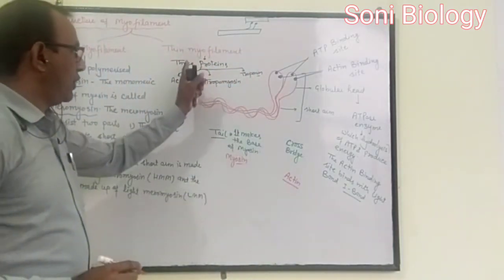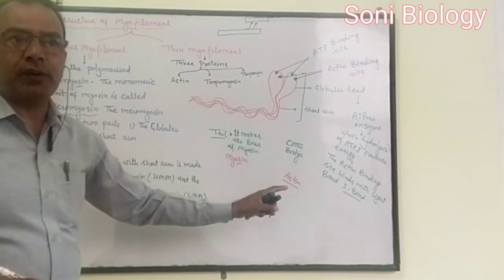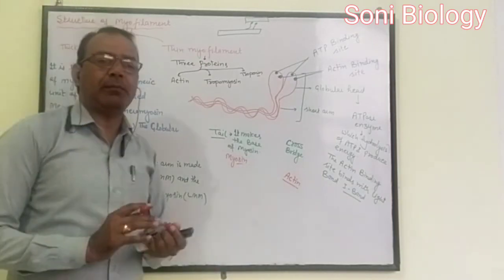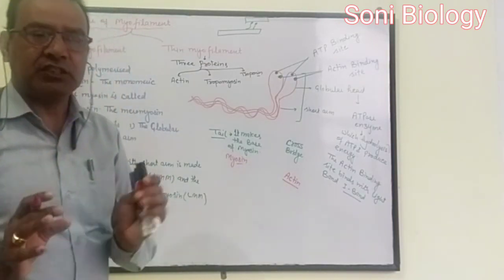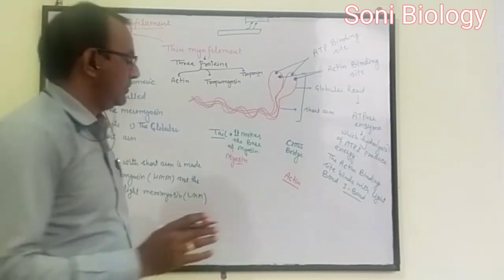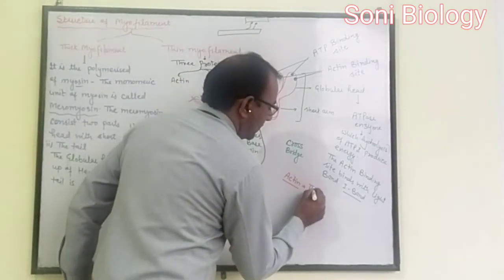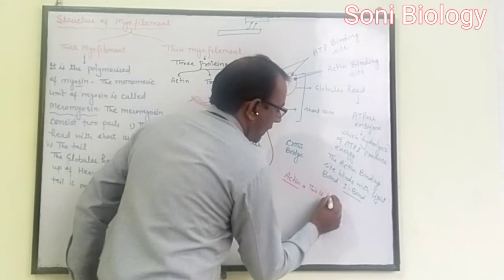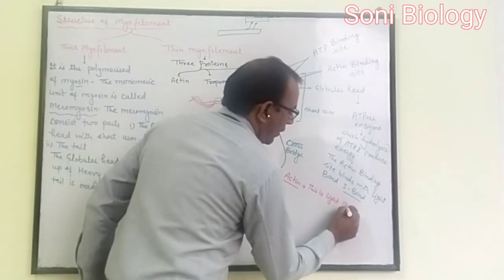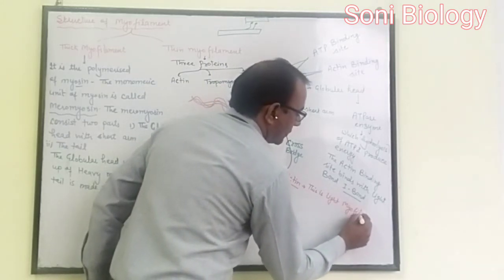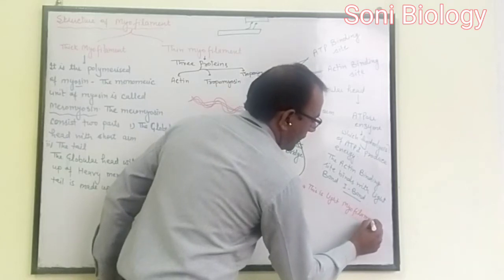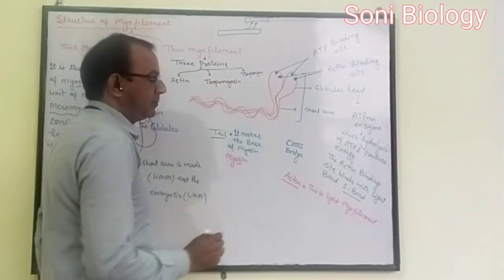Actin is the protein which is found in globular forms, and it may be present in 2 forms, G-actin and F-actin. This is the thin myofilament.